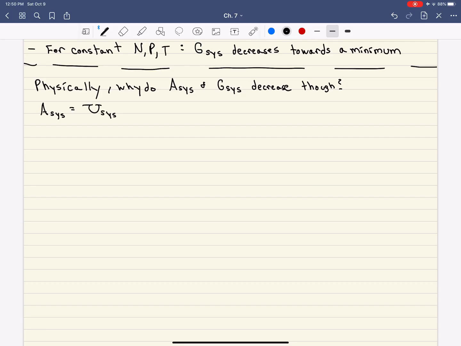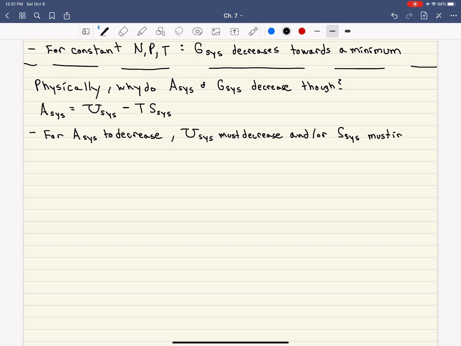So for the system's Helmholtz energy, we see that it's internal energy minus T times entropy. Okay? And so for the Helmholtz energy to decrease, what must happen is that either U system must decrease, or, because of this negative sign here, and/or S system must increase, right?